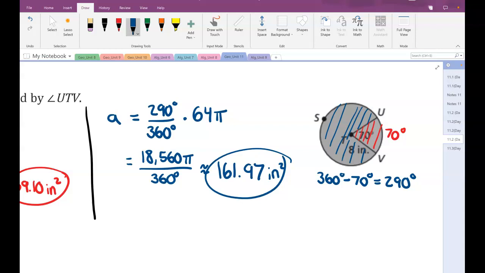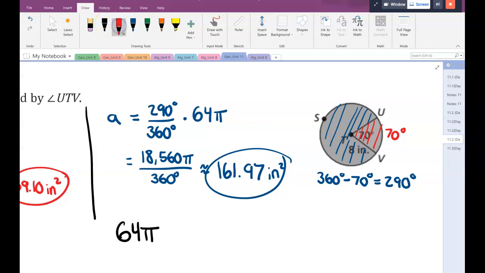Another way, if you don't want to do this twice, and it's actually kind of quicker too, is if you know the whole measurement of this circle, the area would be 64 pi.